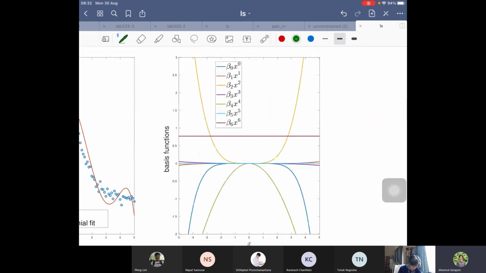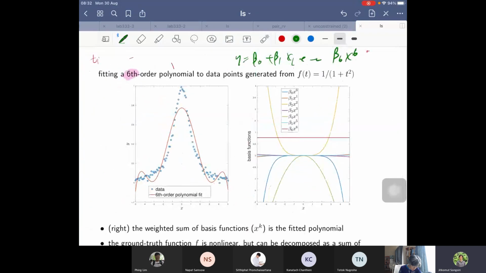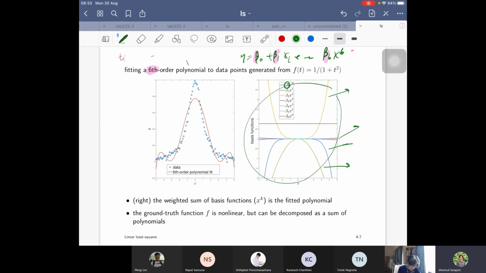So in this plot, after the linear regression, we have the values of beta k fitted from solving the problem, and then you see that all these are the basis functions scaled by the fitted regression coefficients, and then of course the summation of all these colored graphs is the red line.